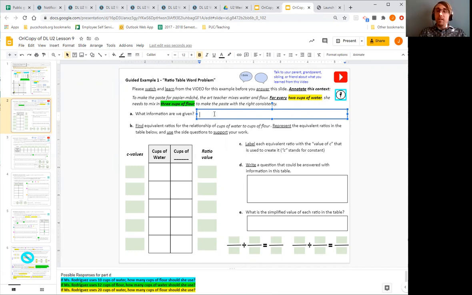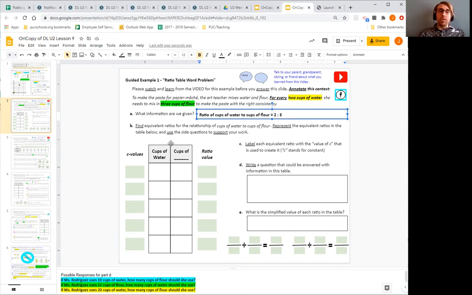So I'm going to say, well, because of the "for every" language, there's a ratio. So ratio of cups of water to cups of flour equals 2:3. So we have a ratio. It's comparing cups of water to cups of flour, and it's 2:3.